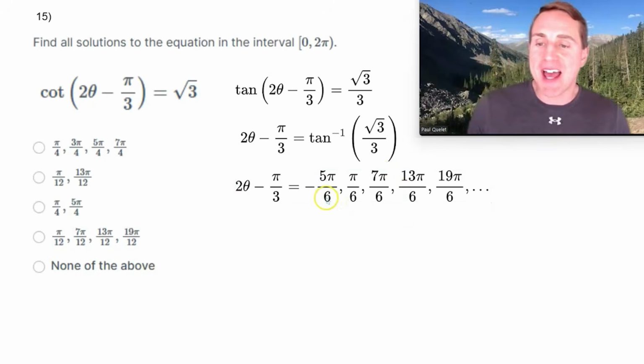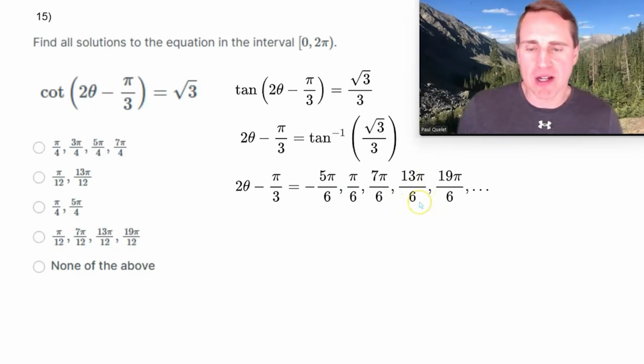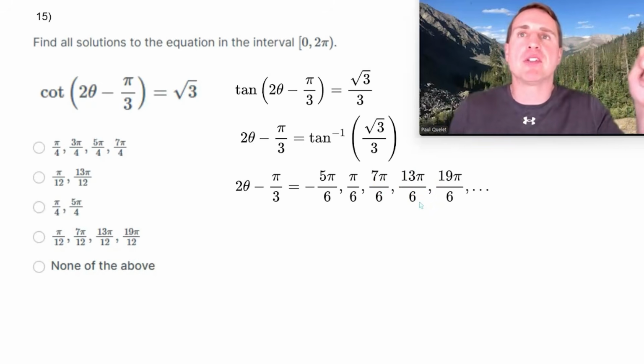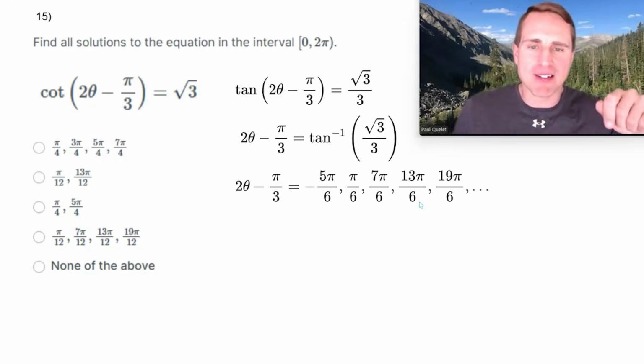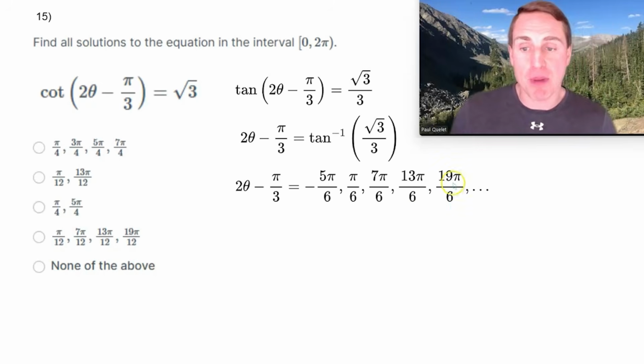What I'm trying to say is that negative 5 pi over 6, which is coterminal to 7 pi over 6 but a negative rotation, and 13 pi over 6, which is the exact same thing as pi over 6, coterminal, but it's 2 pi plus pi over 6, because it's 12 pi over 6 plus pi over 6, or 19 pi over 6, because that's 12 pi over 6 plus 7 pi over 6.